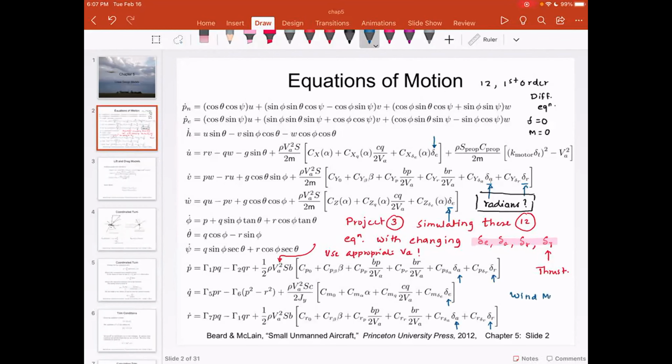Depending upon the airframe, you cannot fly a small MAV at 15,000 feet because that is not the range of that aircraft. You would expect the airframe to fly within 100, 200 feet. So you will have to choose appropriate values for the wind model, and choose proper height or altitude.